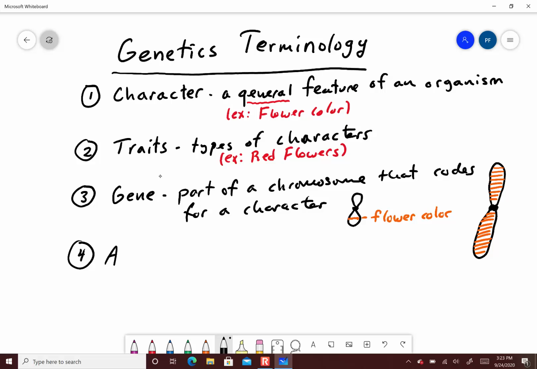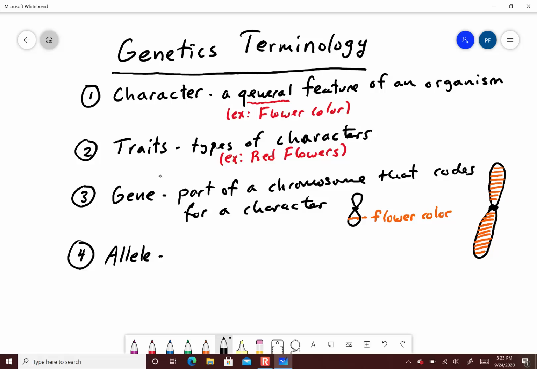And remember, we've looked at so far that the gene is our basic hereditary unit. What we're really passing on from parent to offspring are genes that are packaged in these chromosomes.